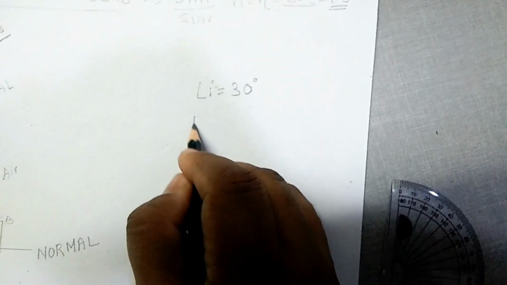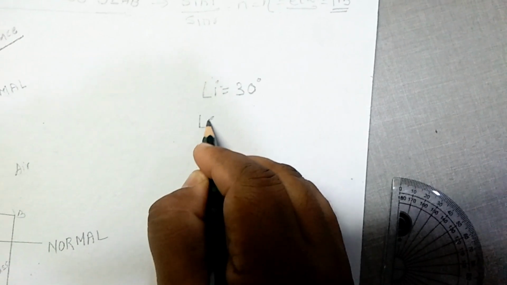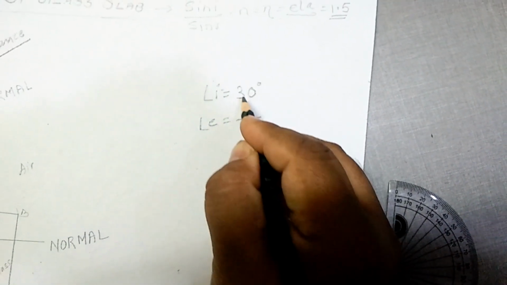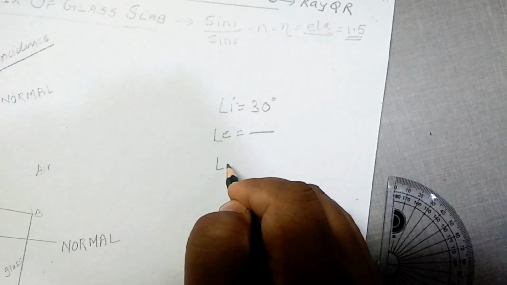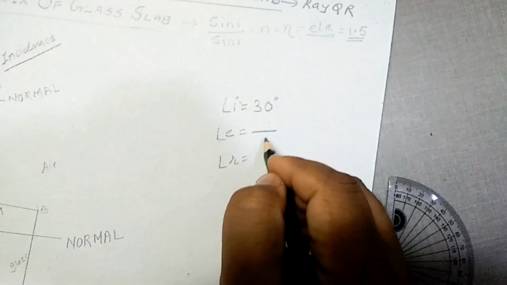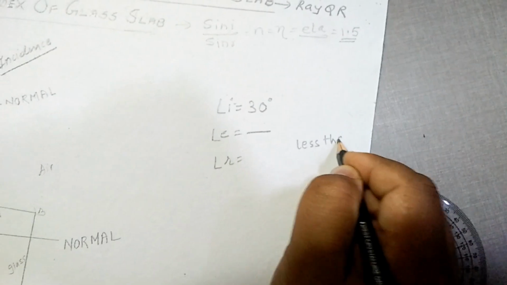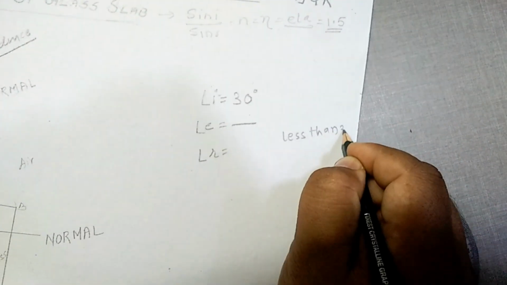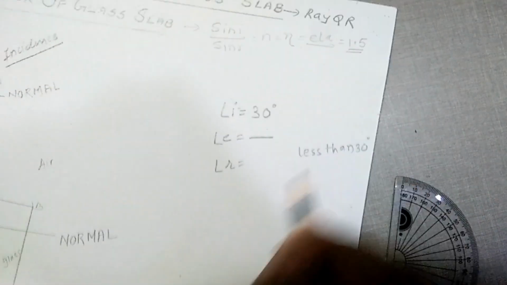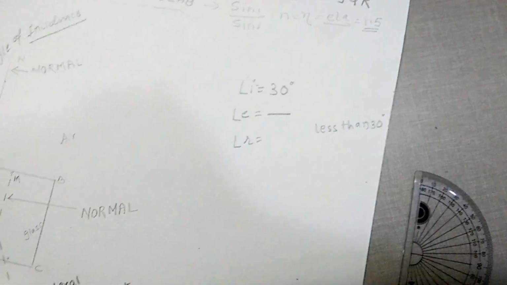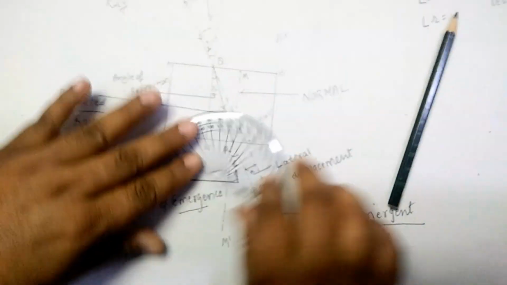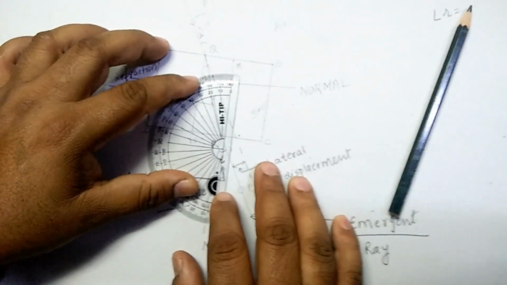Here I'm going to measure angle of E, which should be again 30, and also I'm going to measure the angle of R, which should be less than 30 degree, that is I and E. It should be less than. So let's measure that. I keep my protractor here at this point.